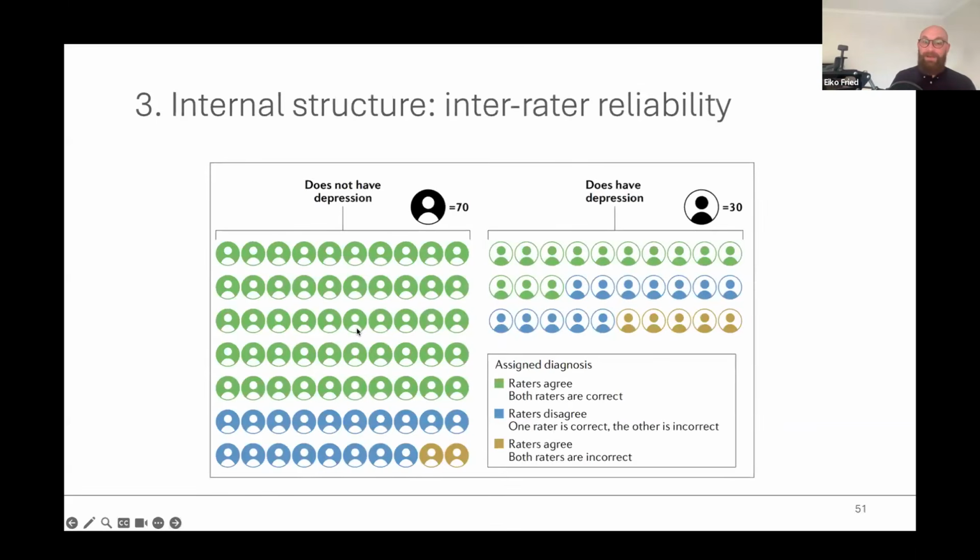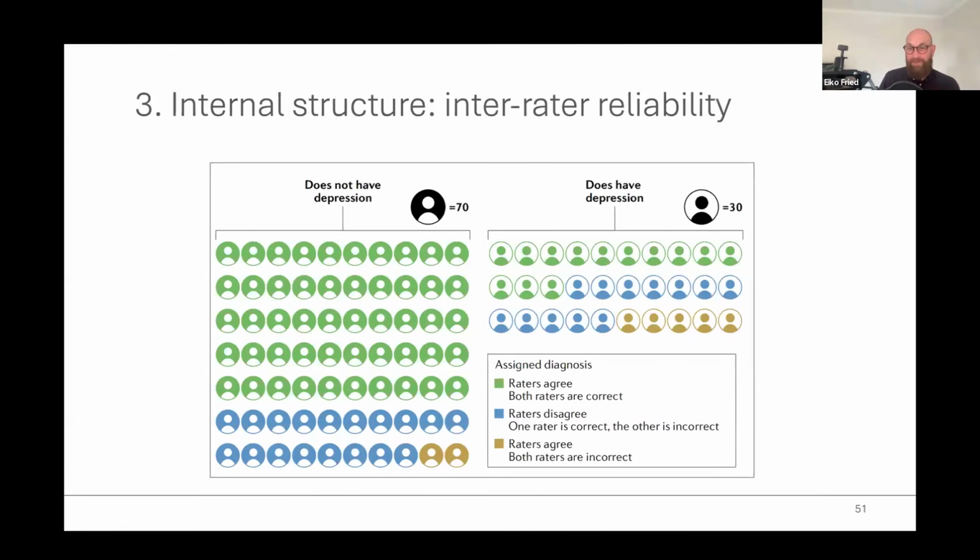We have actually a little figure in our paper to showcase how bad the problem is. This is a simulation based on 100 participants with a prevalence rate of 30%. So around 70% of people, or 70 little Bobs or Susans here, don't have depression. This is the true state of things, and 30 have depression.